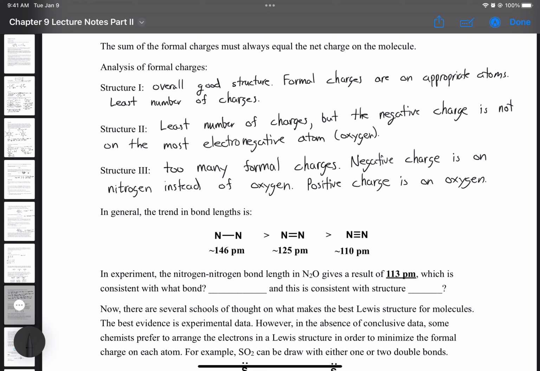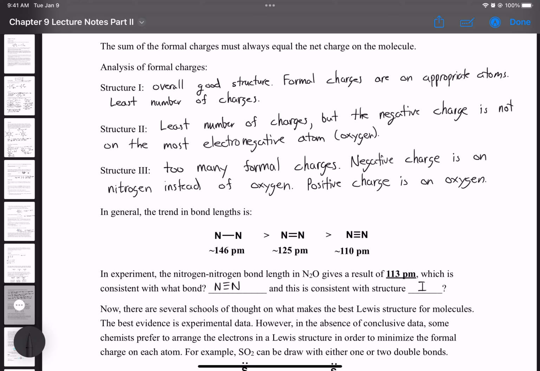Okay, so this bond length is consistent with a nitrogen triple bond. And this is consistent with structure 1. So here we were able to use formal charge to predict which structure is the best structure for our compound.